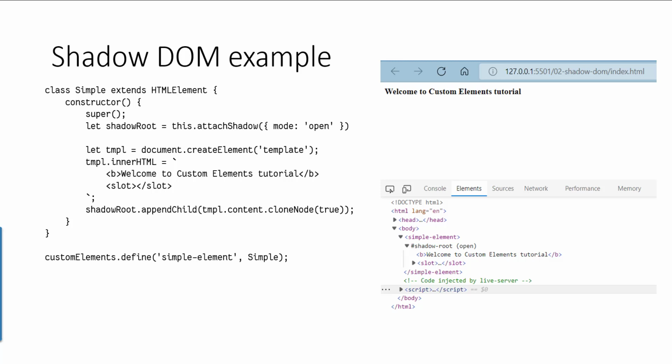Suppose you want to create a template, or you want to define some paragraphs or lists or tables, and then you can attach these child elements to the shadow root or shadow DOM. So when you render this custom component, as you can see inside the browser's console, it is going to create a shadow root which is going to encapsulate the contents of your custom element.